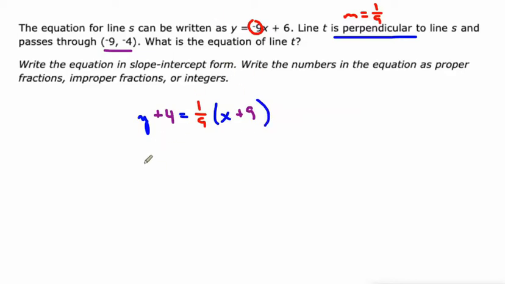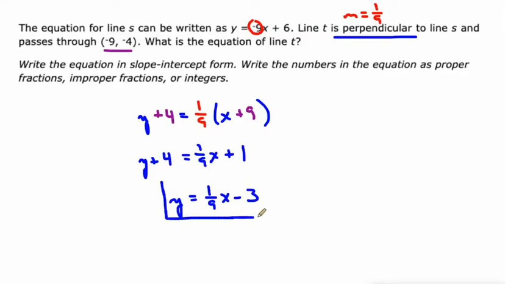We need it in slope intercept form. Same steps every single time, just distribute and then subtract or add. So 1/9 x, 1/9 of 9 is 1. And then just subtract 4 from both sides. So we get 1/9 x, 1 minus 4 is negative 3. There's the equation of line t in slope intercept form.